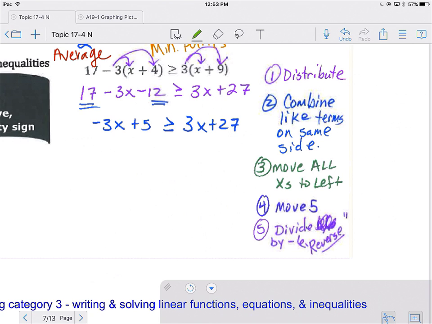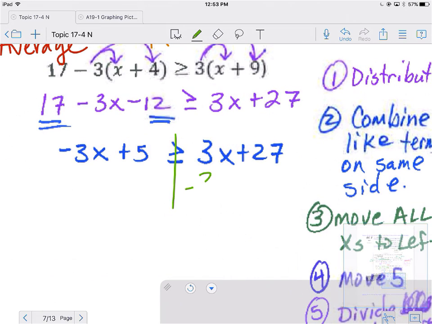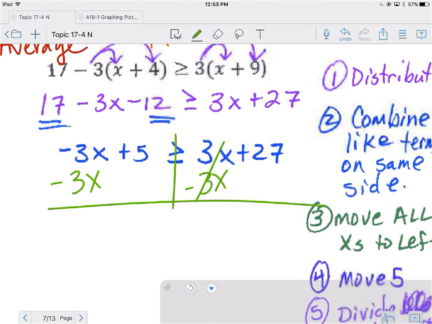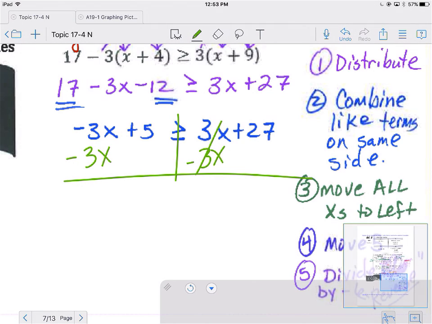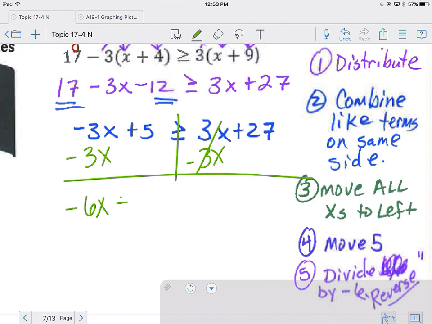Step 3 is to move all of my x's to the left side. Now again, it does not really matter which side you put them on, but your goal is to put x's on one side, numbers on the other. But because this step is already listed, I'm going to go ahead and do it like it shows.